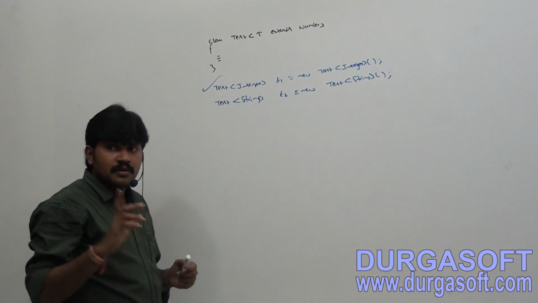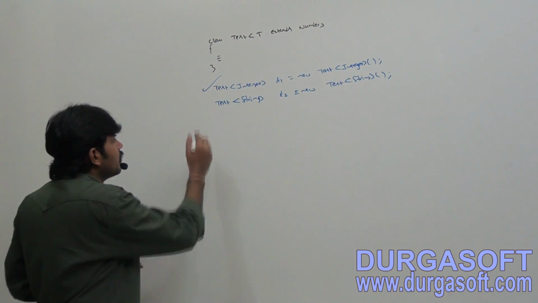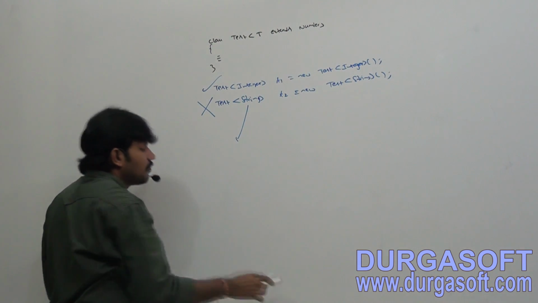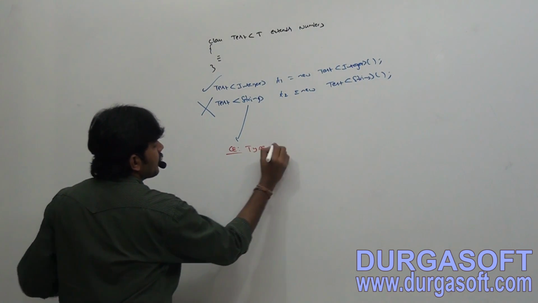Invalid, because String is not a child class of Number. That's why you get a compile time error immediately. What is that compile time error?